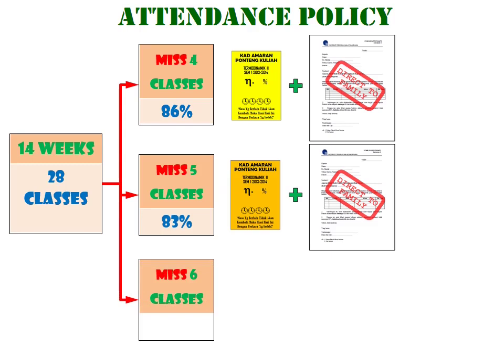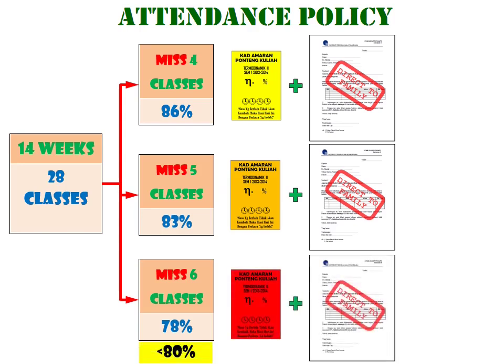And the last one, if you miss 6 classes or more, you will get what I call a percentage lower than 78%, which is lower than 80%. At this stage you will have a digital red card plus an official letter to your family.